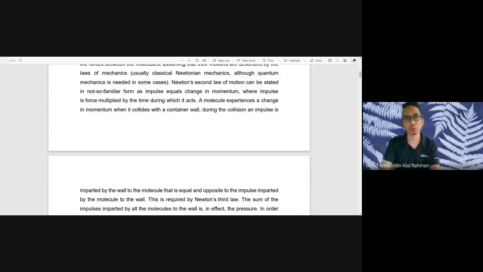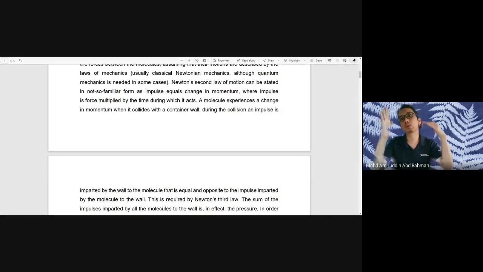They will spread over the environment of the room and hit the wall. Because your room is considered like a box, the molecules will collide with the wall. During the collision, an impulse is imparted by the wall to the molecule that is equal and opposite to the impulse imparted by the molecule to the wall.